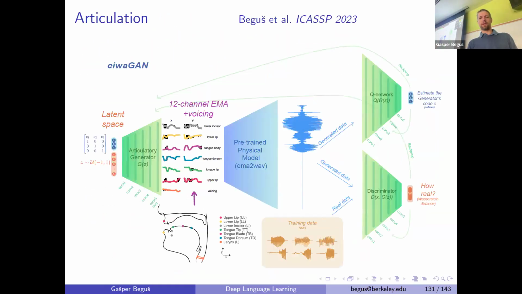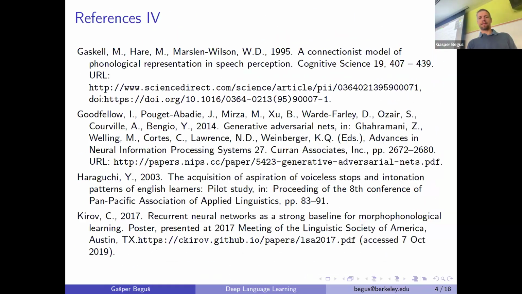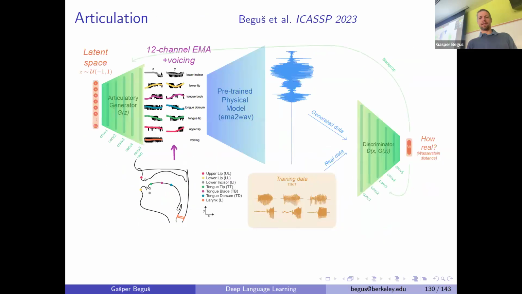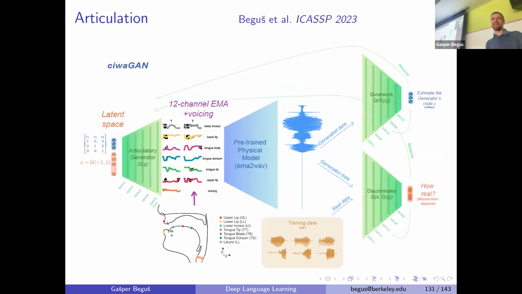We'll fast forward several slides to this model, which is the latest. So the generator does not generate waveform anymore, but EMA channels. EMA channels get fed into a pre-trained physical model, so-called EMA-to-wave, which has nothing to do with cognition.